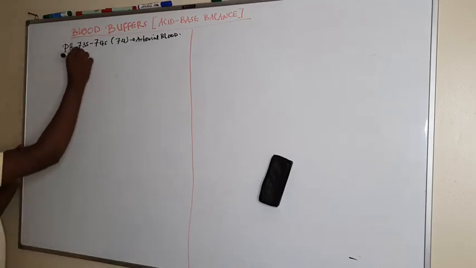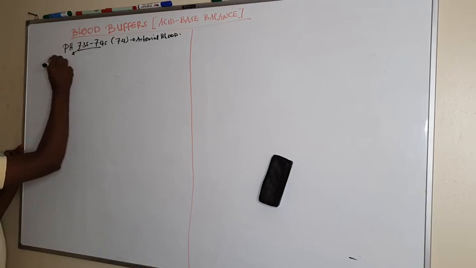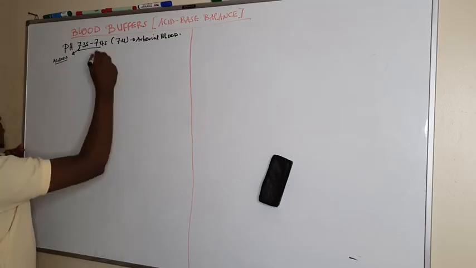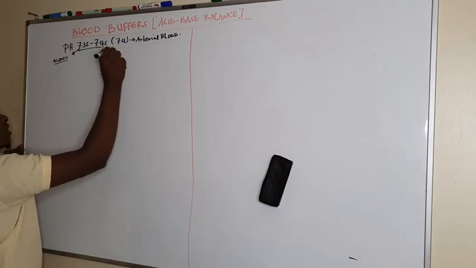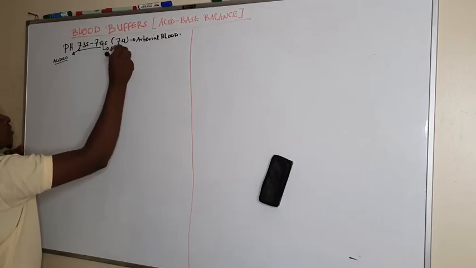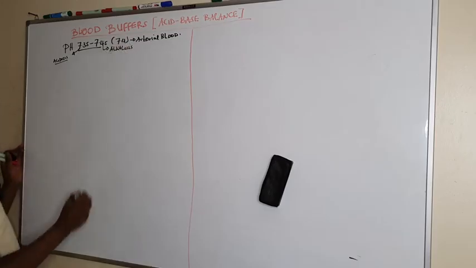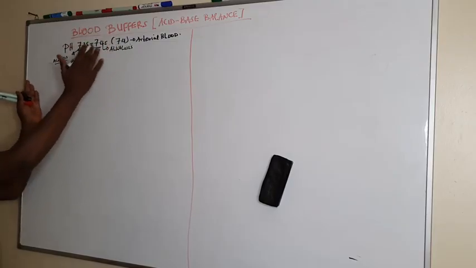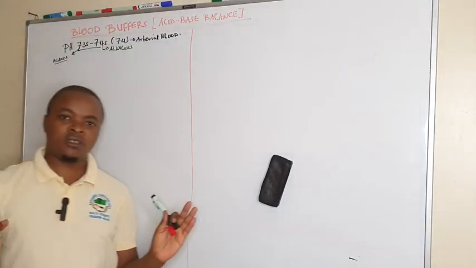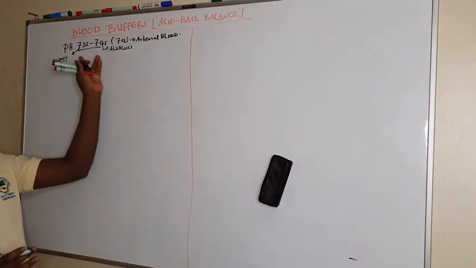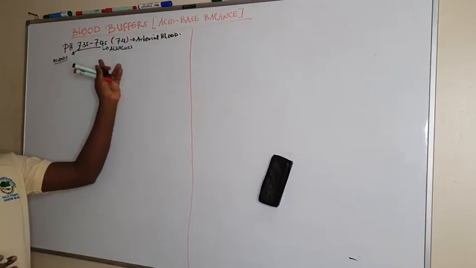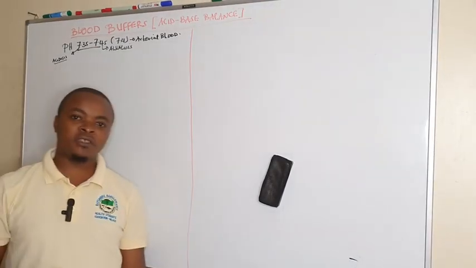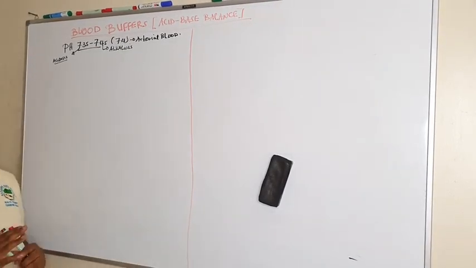So this is the pH range, and below this it results in what we call acidosis, or acidemia, and above 7.45 it results in alkalosis, or alkalemia. These blood buffers are going to make sure that the blood pH is maintained at 7.35 to 7.45, with an average of 7.4. That is for arterial blood.